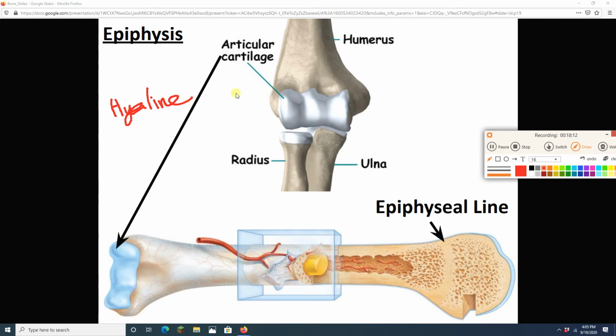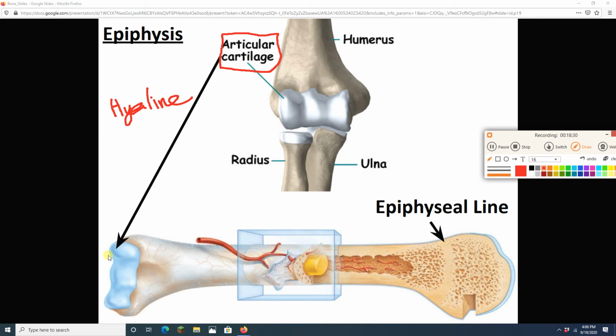So that is hyaline cartilage right there. It is sometimes referred to as articular cartilage because it is the cartilage at this movable joint here. It is more squishy and more flexy than bone, so we put it there.